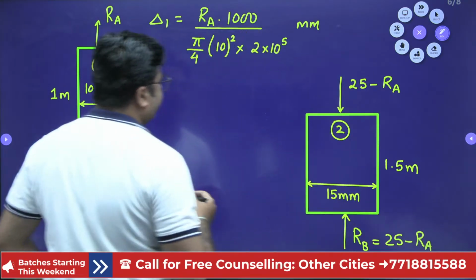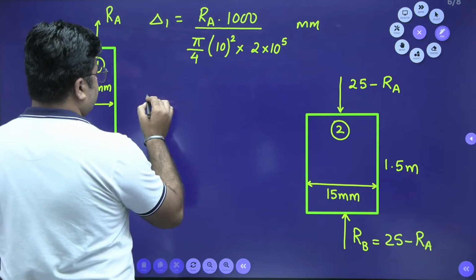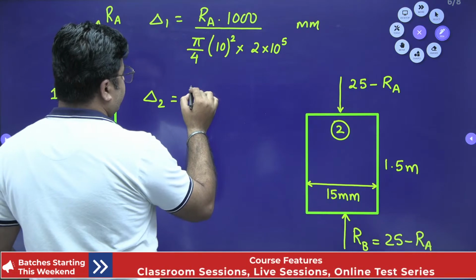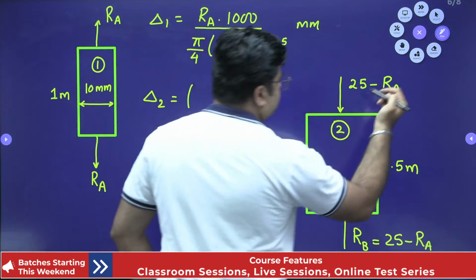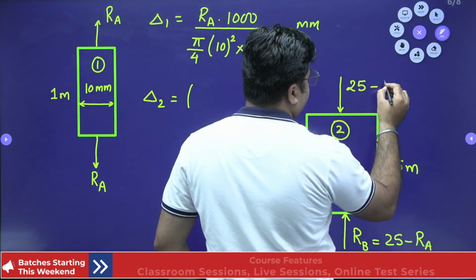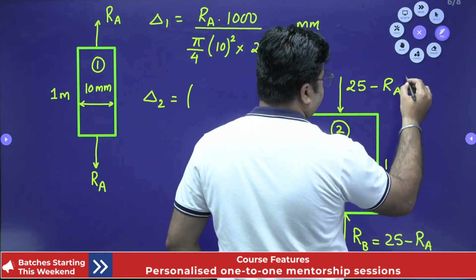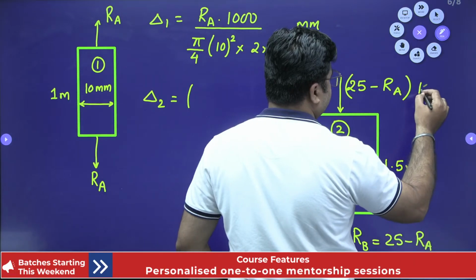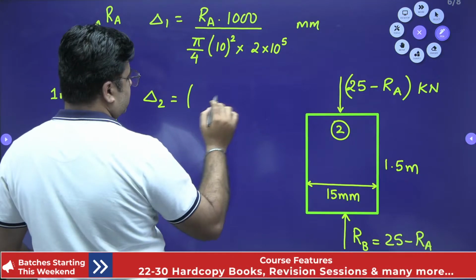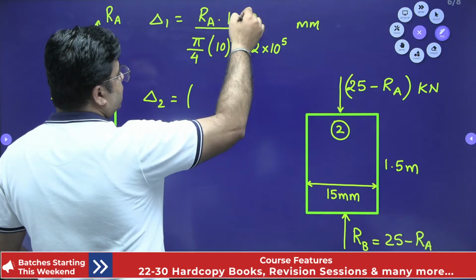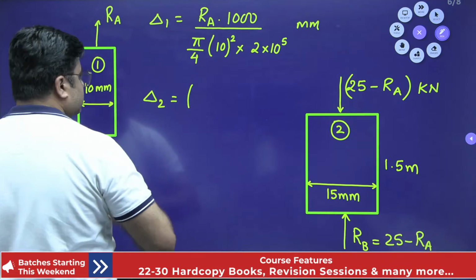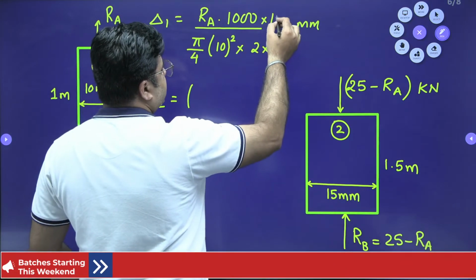If you write the deformation for this second member, delta 2 is equal to 25 minus RA, and both of them are in kilonewton, right? So I'll convert this into Newton, and I'll write 10 raised to power 3.